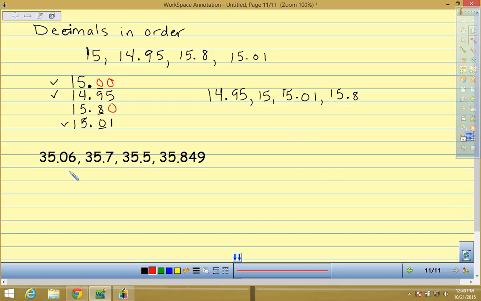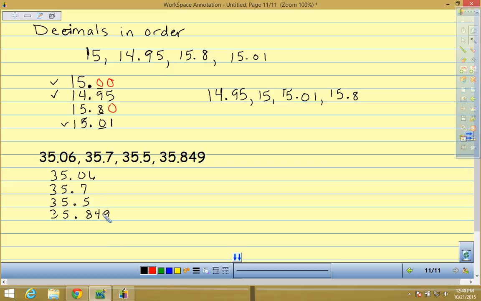If I line them up using that process, I'm going to start here with the first number and put 35 and 600ths, 35 and 7/10, 35 and 5/10, and 35 and 849 thousandths.